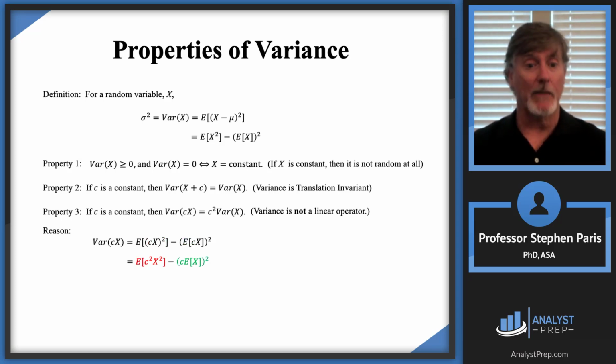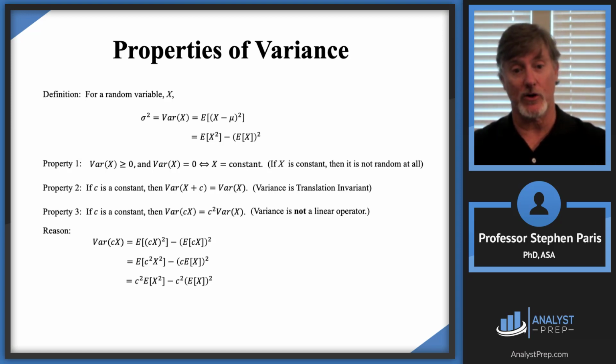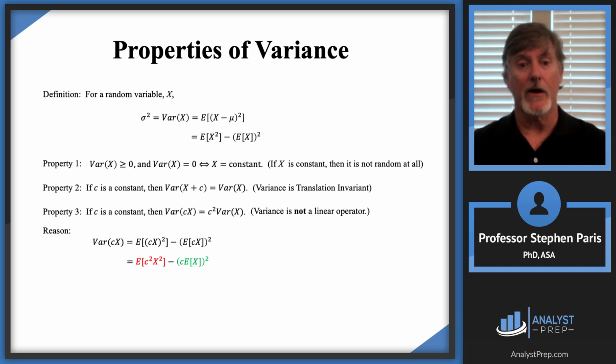Now on what's in red, I'm going to use the fact that expectation is a linear operator. C squared is a constant, so I'm going to factor it out. I get C squared times the expectation of cap X squared. And on the second term, what's in green there, I'm just going to use some algebra: A times B, squared, is just A squared times B squared.